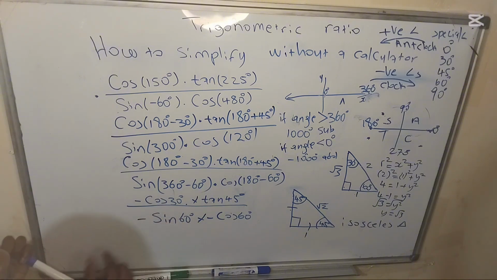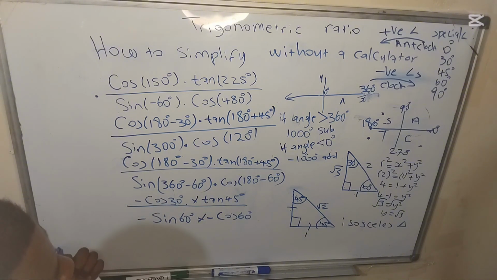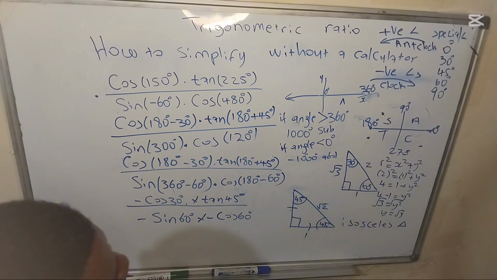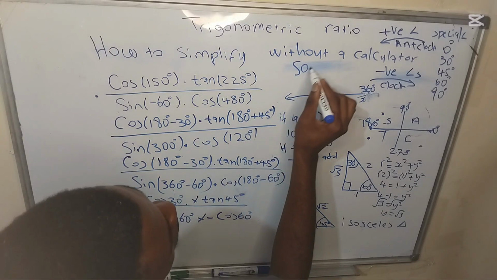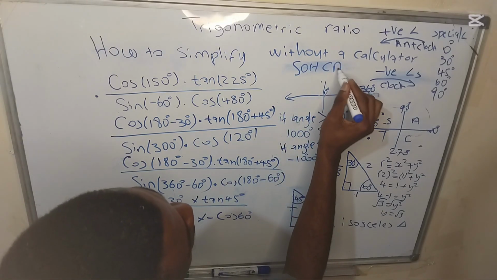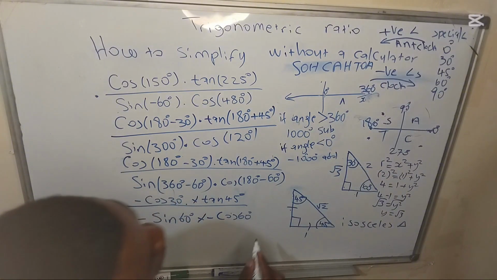Now let's simplify this whole thing, using an angle of 30 degrees, an angle of 45 degrees, and an angle of 60 degrees. So let's use this 30 degrees triangle, according to SOH CAH TOA.